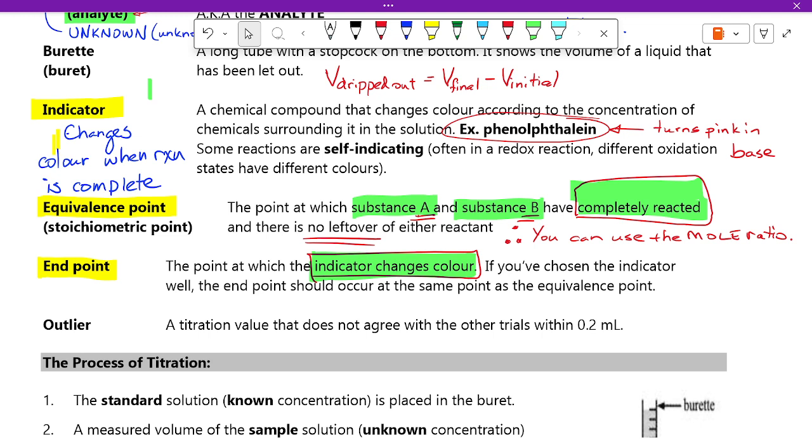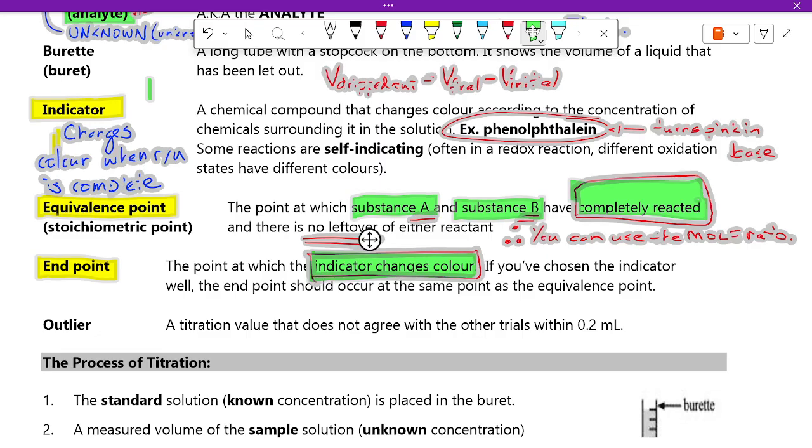Now, sometimes you will get an outlier, which is a titration value, like, so you'll calculate your molarity and you'll be like, every time I got really, really close to 1.01 molar, and in this other one I got 1.5 molar. Yeah? Everything else is close to 1.01.